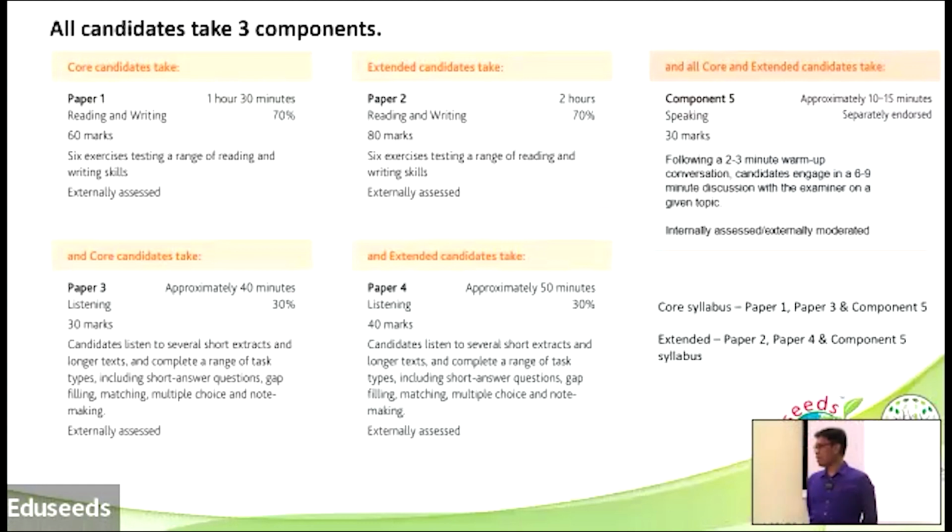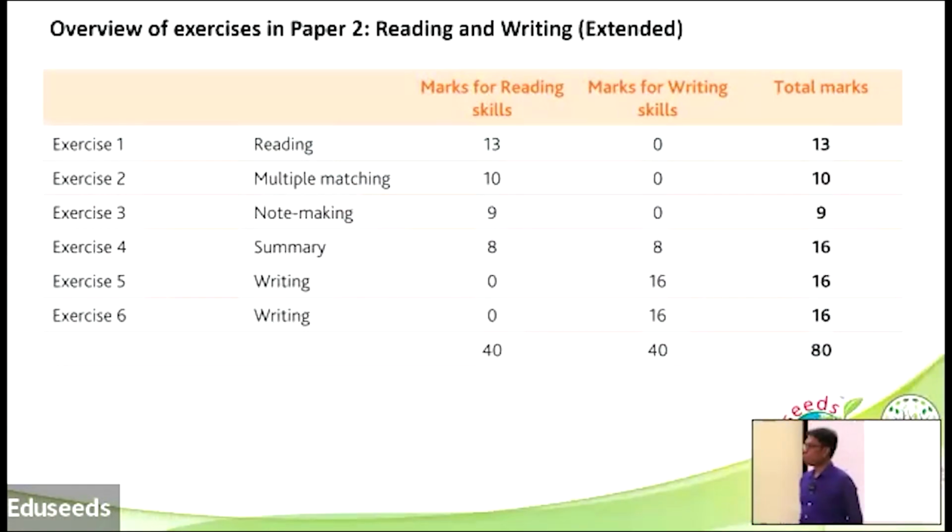Moving on to the next slide. This is an overview of exercises in paper 2. For exercise 1, your reading, you have a total of 13 marks. Exercise 2, multiple matching, is 10 marks. Exercise 3, note making, is 9 marks.